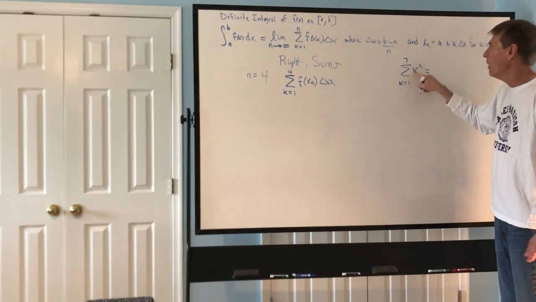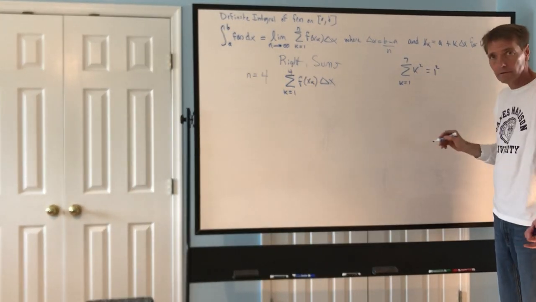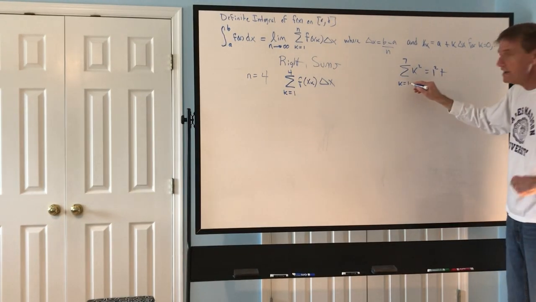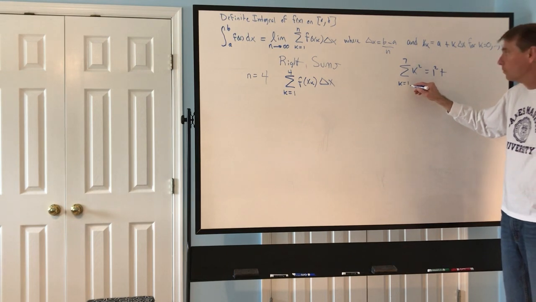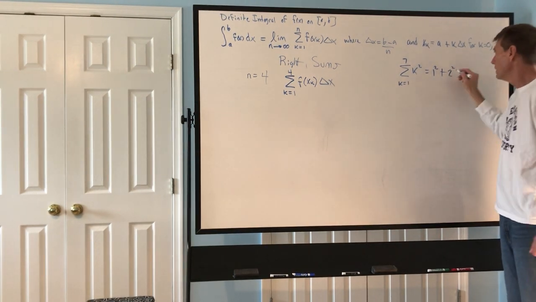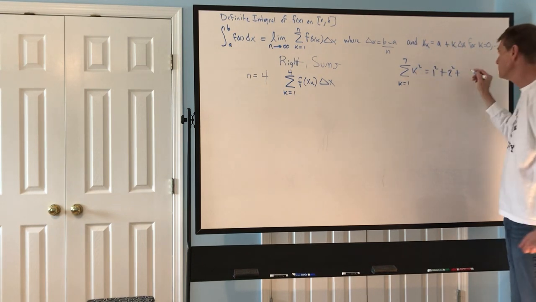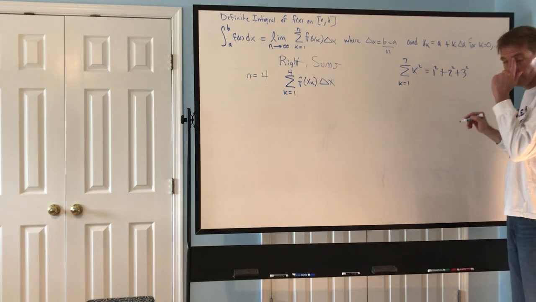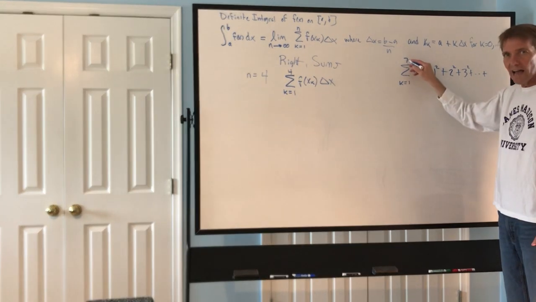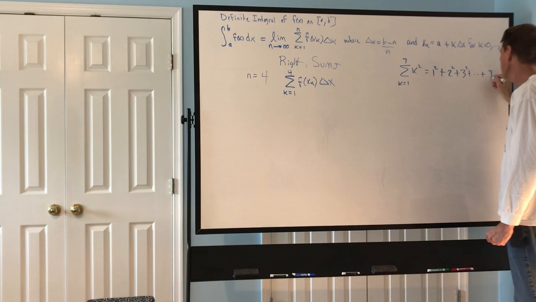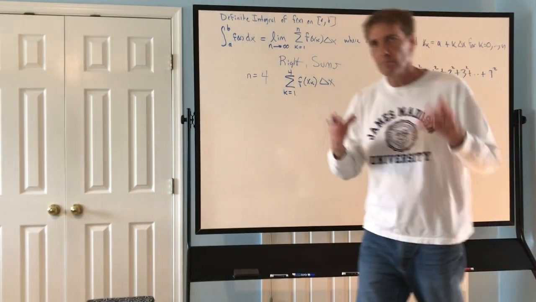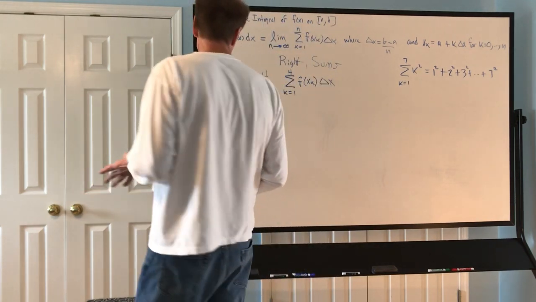So this would be 1 squared, plus, the next natural number above 1 is 2, 2 squared, the next natural number above 2 is 3, 3 squared, you're bored. We go all the way up to the last natural number, our stopping value, 7 squared. So it's summation notation.